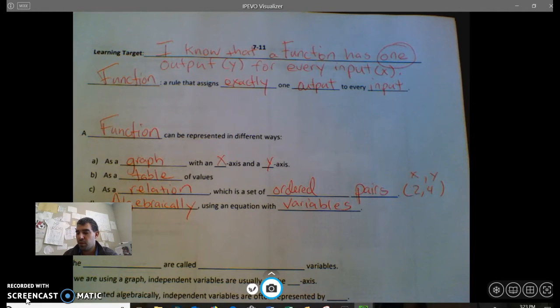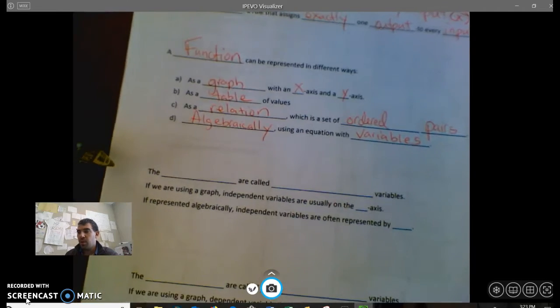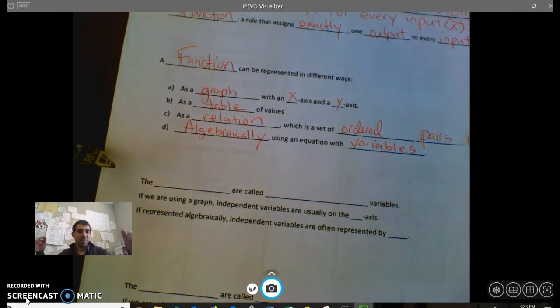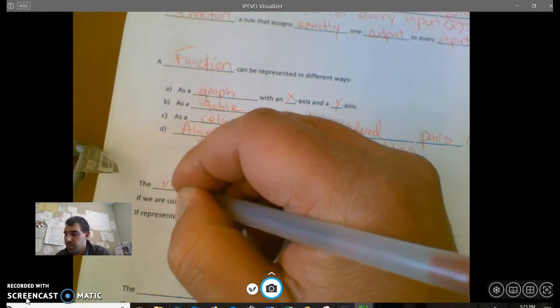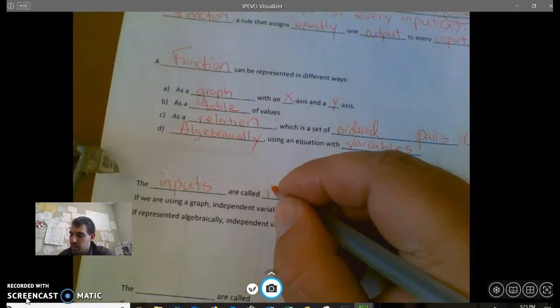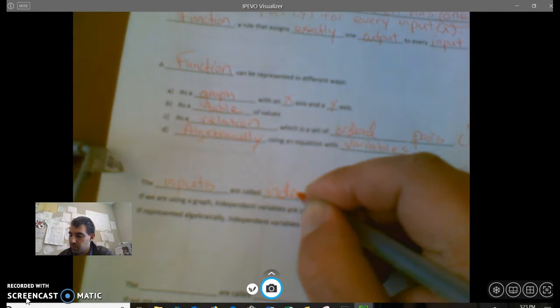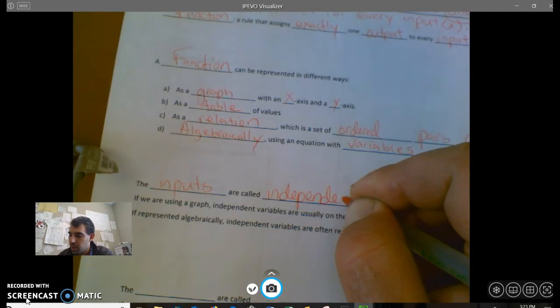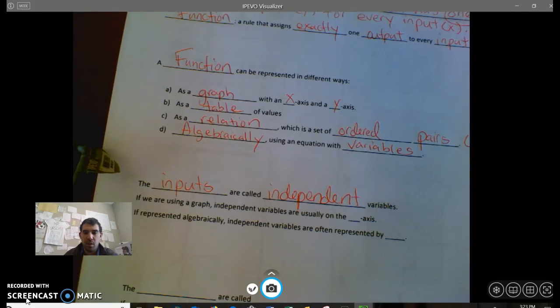So we talked about inputs and outputs. I said there's exactly one output for every input. So what are the inputs? The inputs are what we call the independent variables. We've talked a lot about what independent variables are.